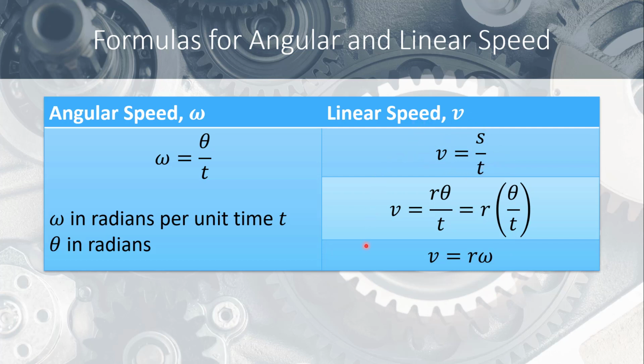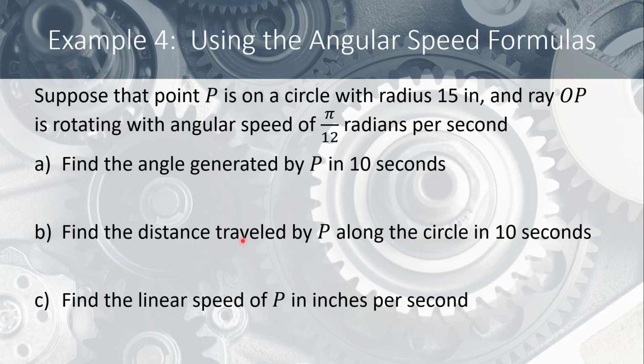And these are just one of a number of dual relationships between what we call linear displacement and angular displacement, or rotation. And we can use these for some examples. For example, here's our first one.